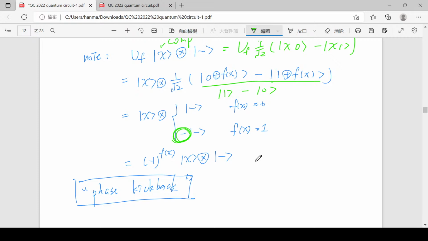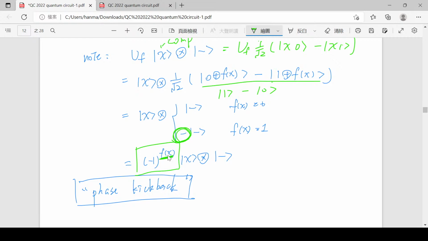You see that the information of f of x is now encoded in this minus 1 to the f of x phase. If f of x equals 1, you get this extra phase; if it doesn't, you don't. This is called phase kickback.